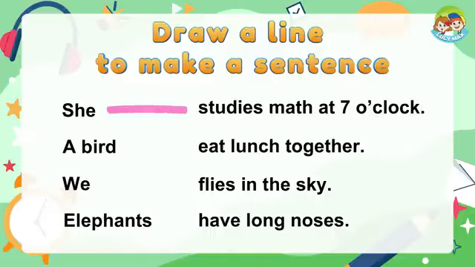The pronoun she needs a verb that has S. A bird flies in the sky. A bird is one. It needs a verb that has S.